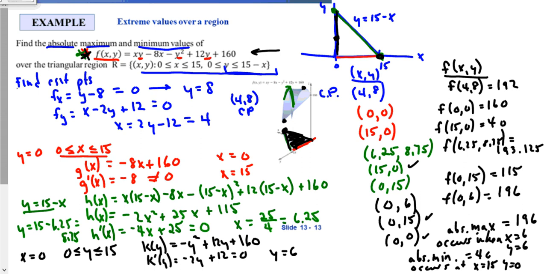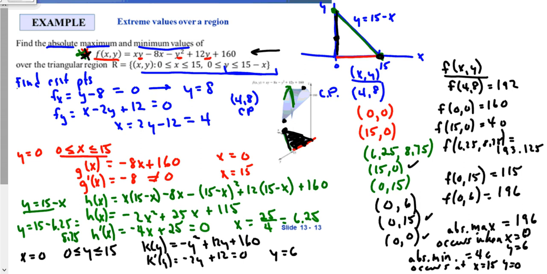And then we have our highest point that occurred over at 0, 6. Let's see, x was 0 when y was 6. Yeah, x is 0 and y was 6, so it's over here. So that corresponds to that point.